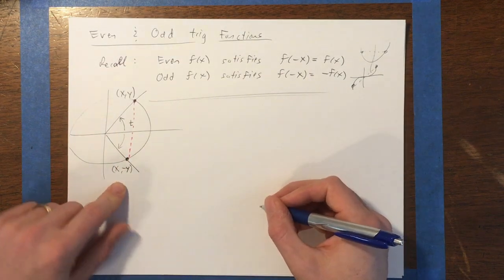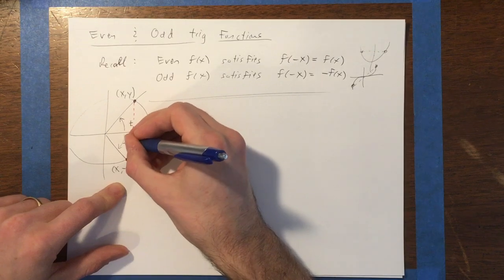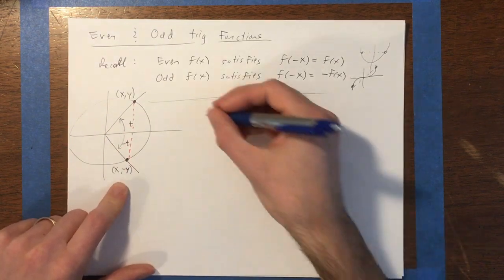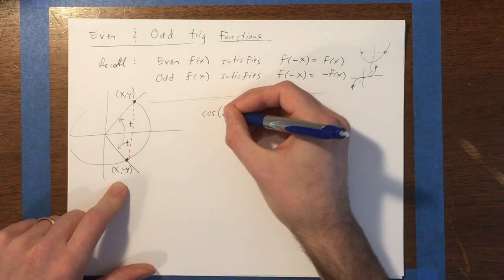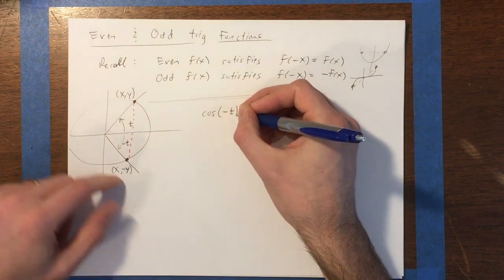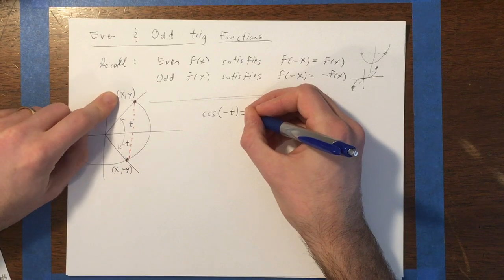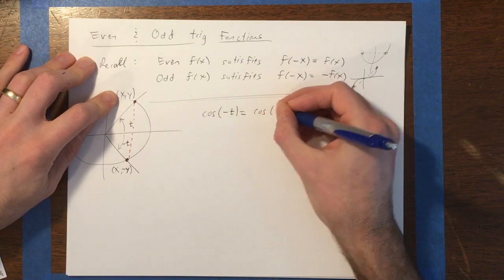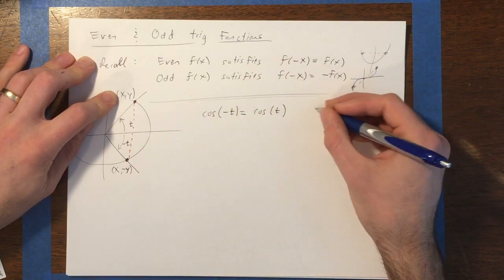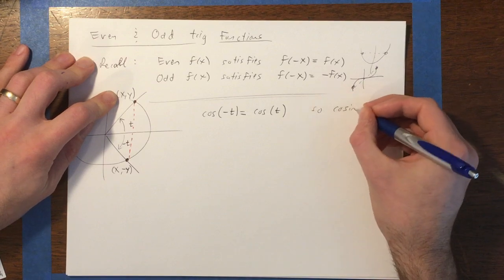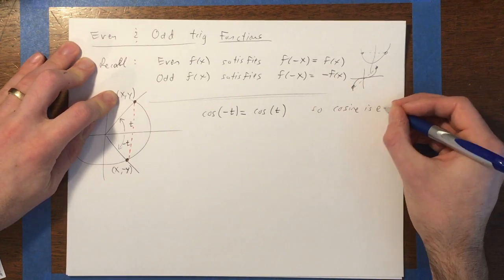So what this means, this is negative t. What this means is that cosine of negative t is this x value, which is the same as this x value, which is the cosine of positive t. So cosine is even.